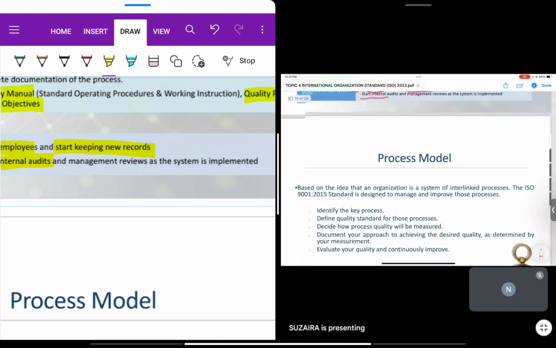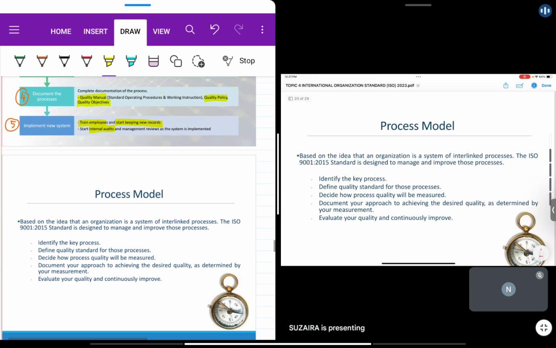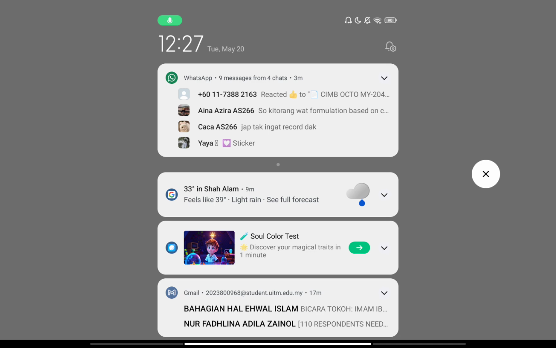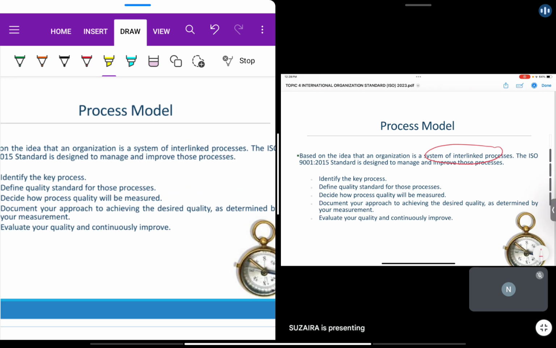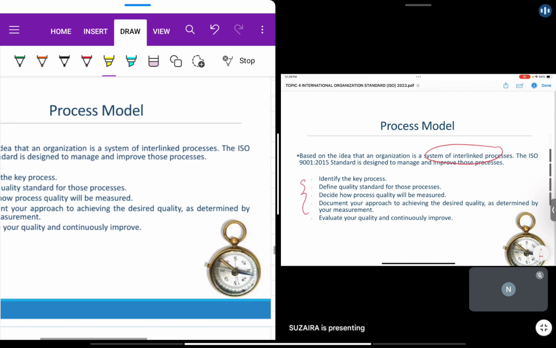Alright. So this one, move on to the process model based on the idea. This is more towards what we want to improve in terms of a certain process. This is more or less a common thing we need to do whenever we want to improve on something.